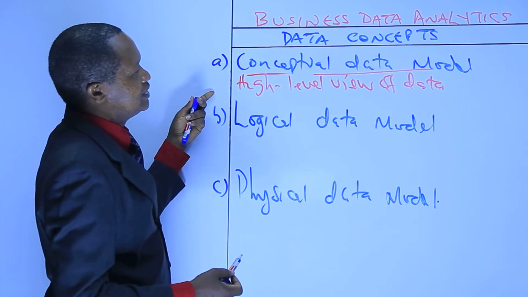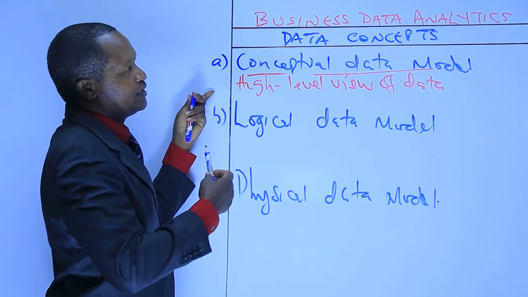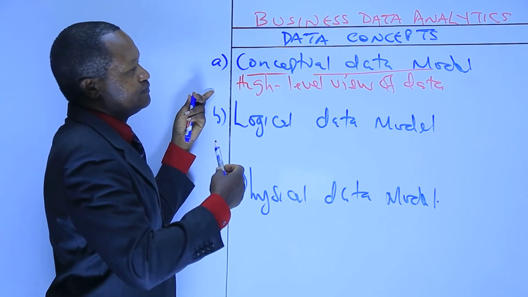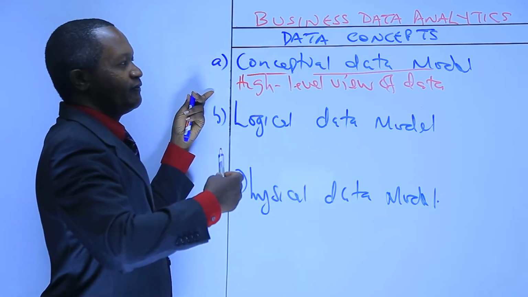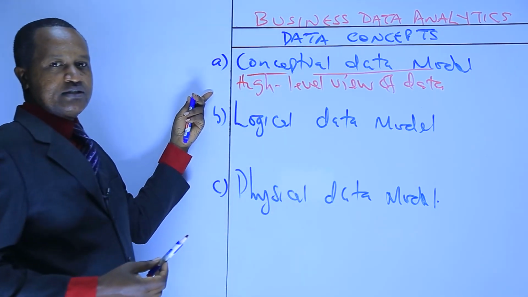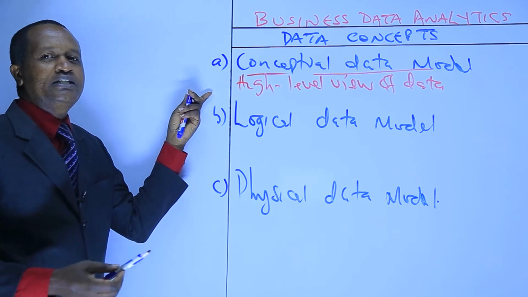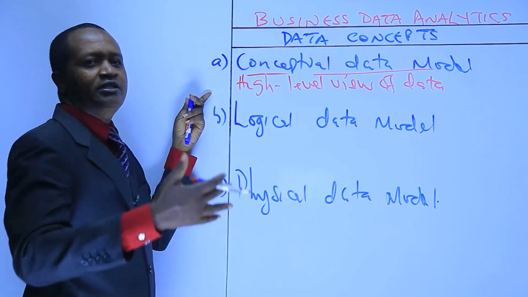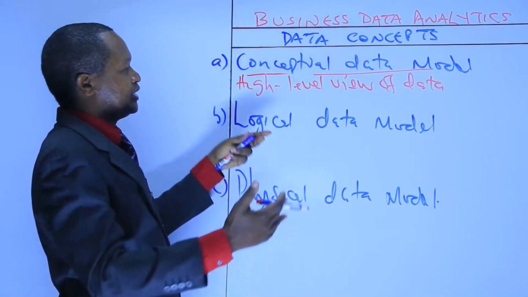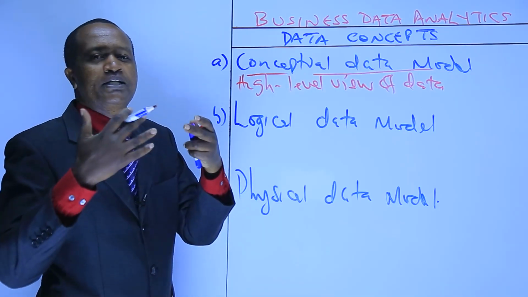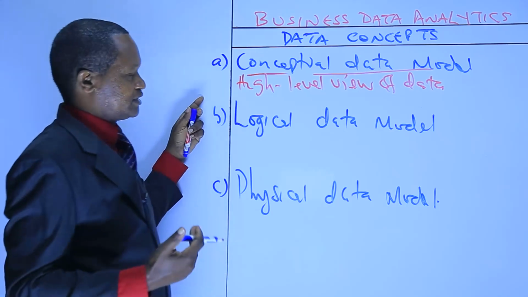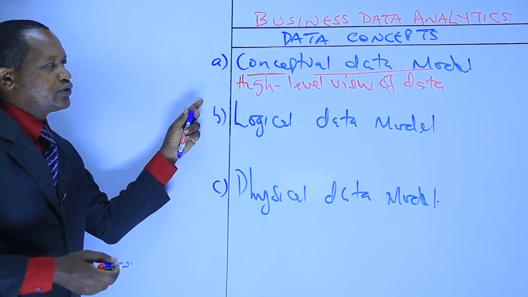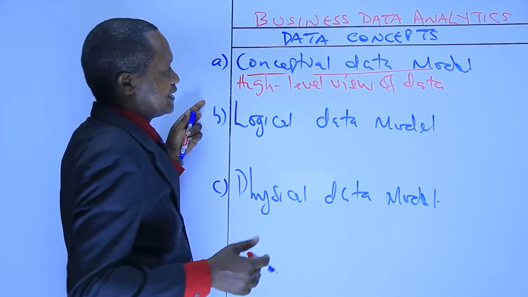And this conceptual data model is always developed together with the stakeholders. All right? It is developed or created in collaboration with the business stakeholders and the subject matter experts. So that is a conceptual data model.